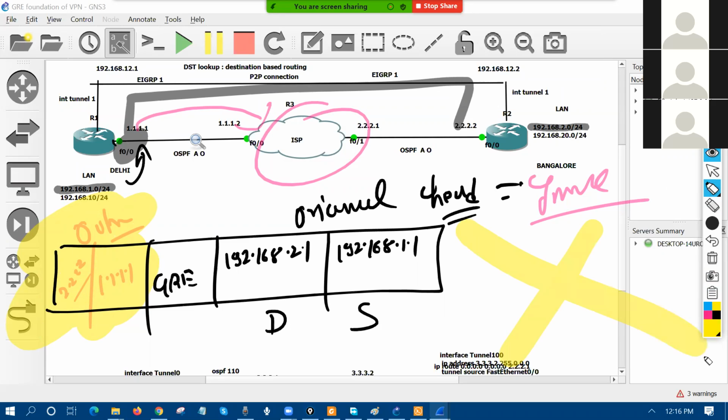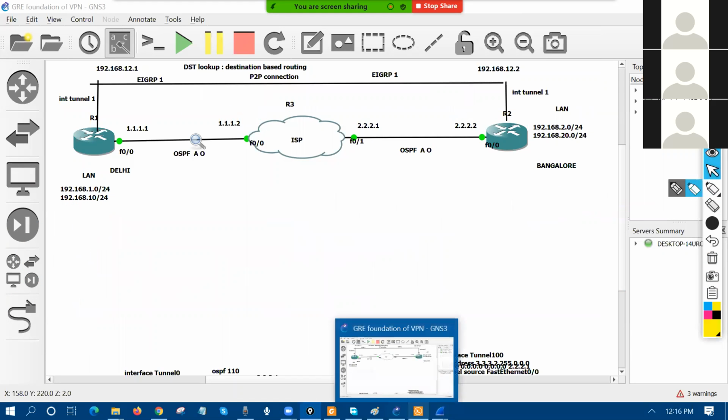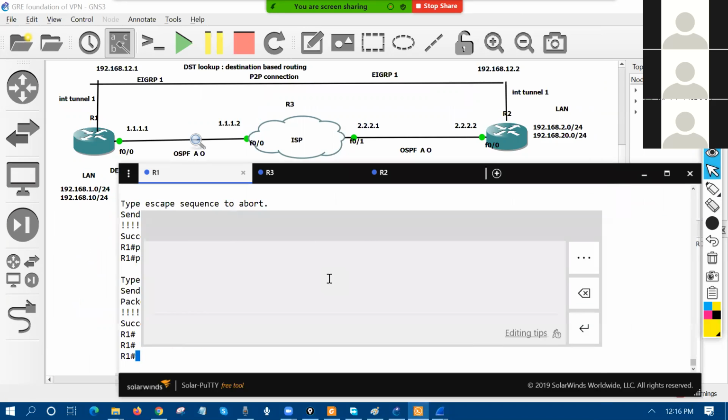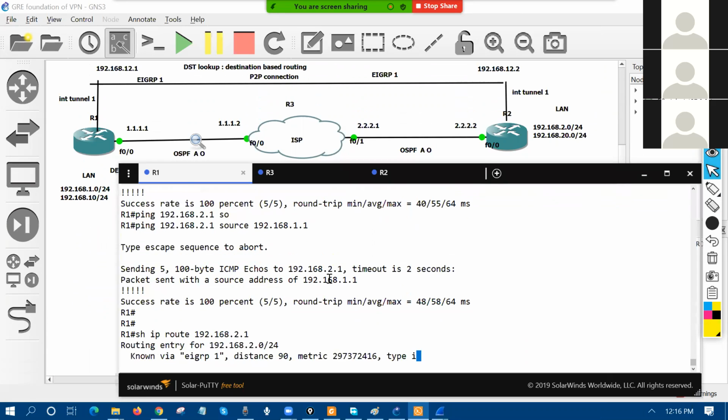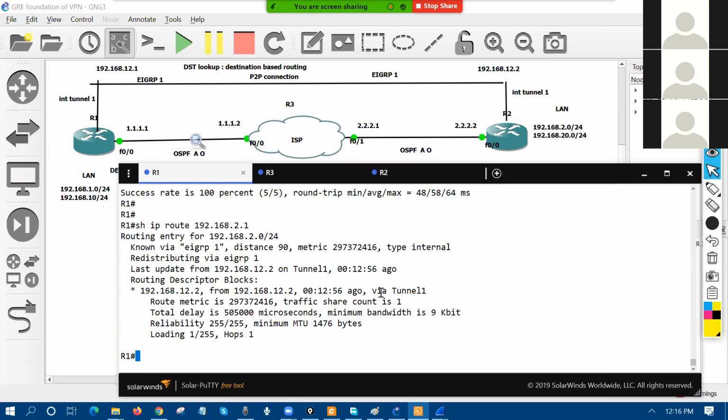Exactly. Now, Swami, clear? Yes, sir. So when you do a show IP route 192.168.2.1 on R1, sir, can you just? Yes, it's associated with this tunnel.